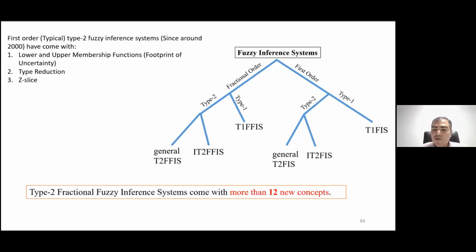You may know that so far, first order or typical type 2 fuzzy inference systems have come with 3 concepts in more than 20 years. However, in our upcoming paper, we have demonstrated that type 2 fractional fuzzy inference systems come with more than 12 new concepts.